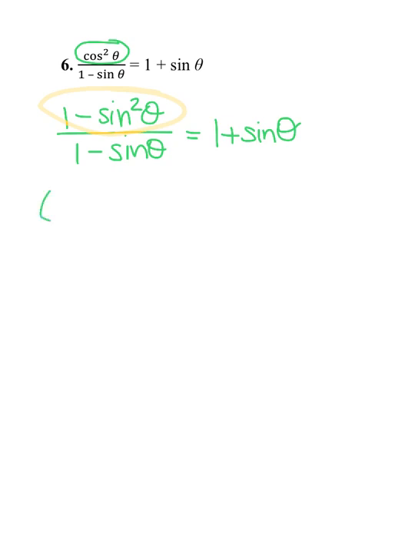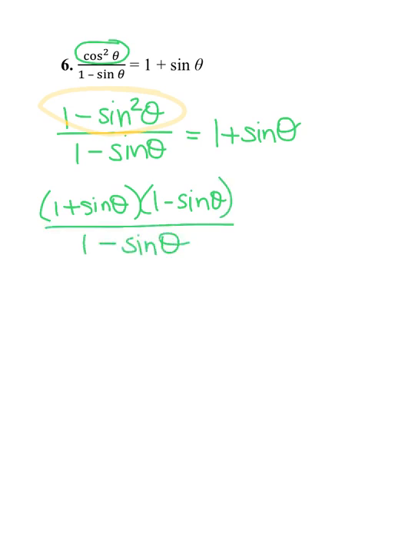So that factors to 1 plus sine theta times 1 minus sine theta. I'm factoring that using the difference of perfect squares. You guys are used to seeing it as a squared minus b squared is equal to a plus b times a minus b, so same thing.